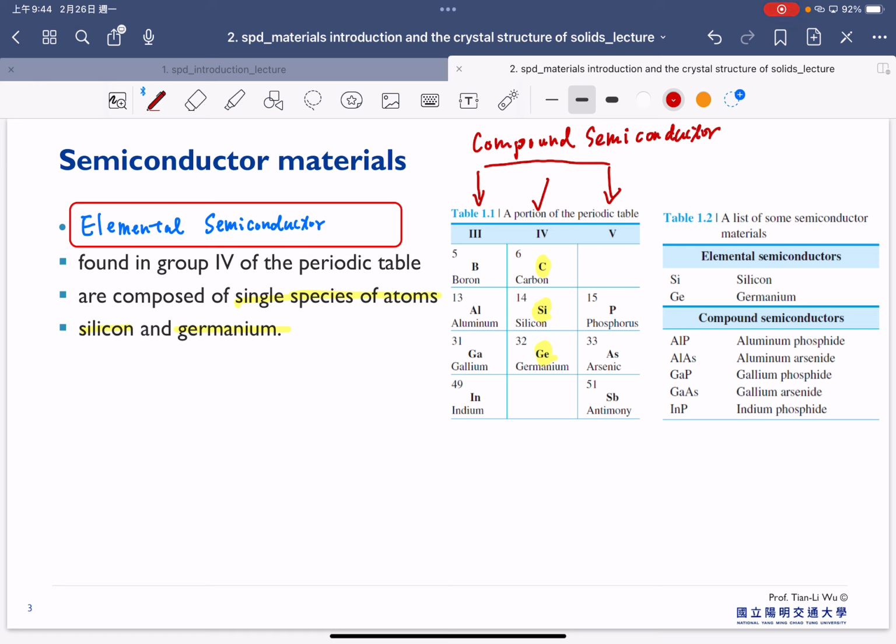For example, as shown here, gallium arsenide or indium phosphide, which are very important compound semiconductor materials. We call this the compound semiconductor.